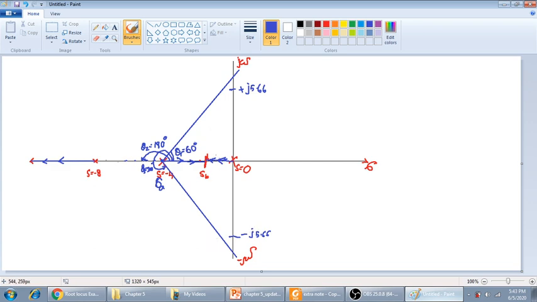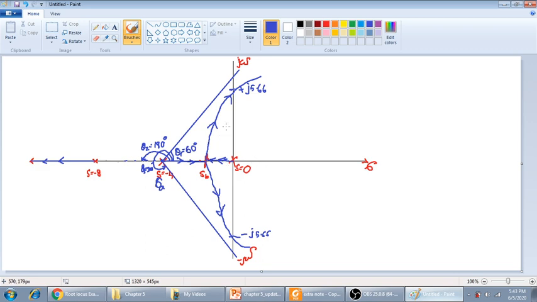So if it is like this, what will happen? This is our breakaway point. In this case it will go like this, and also like this. I try to do a smooth drawing because here I cannot draw much, so it will go like this.